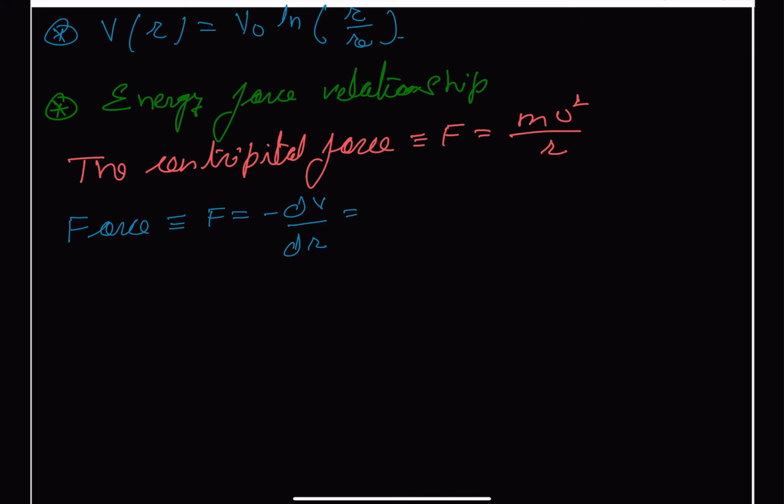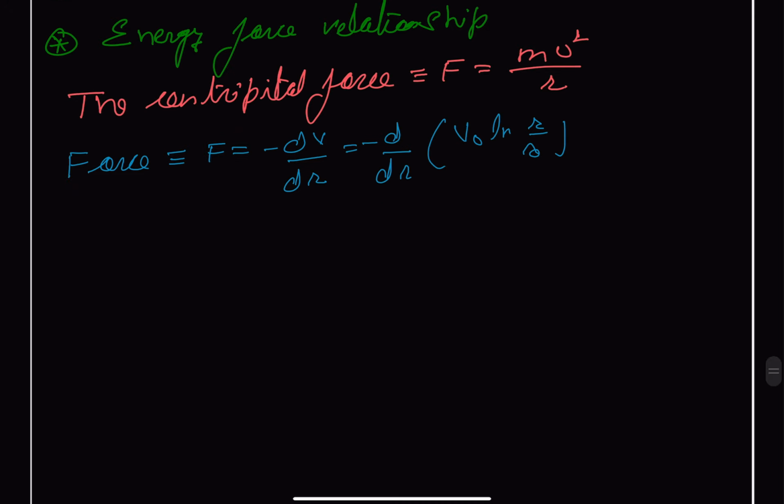We substitute the value of our potential, that is V naught natural log of R upon R naught. V naught is a constant, so we can take it outside, and this will be minus V naught d upon dr. Inside we are left with natural log of R upon R naught, and that can be written as natural log of R minus natural log of R naught.